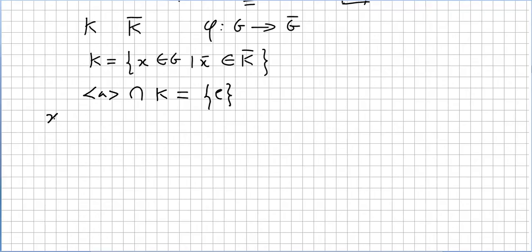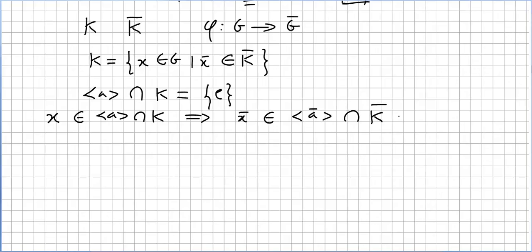Because if X is an element in the intersection of the set generated by A with K, then X bar has to be in the corresponding set, the set generated by A bar intersected with K bar.